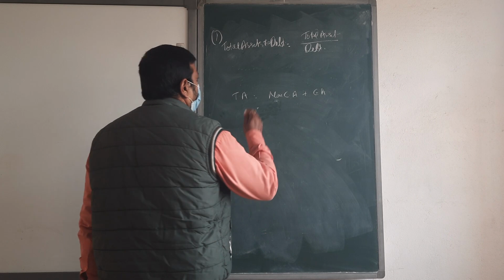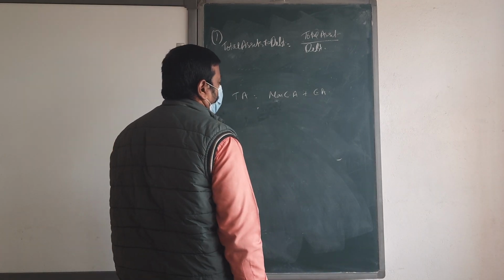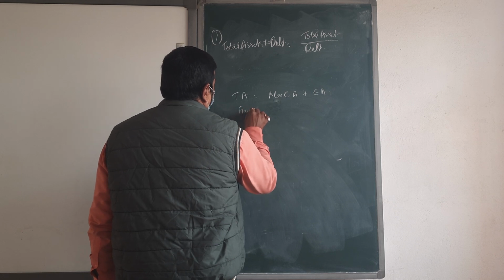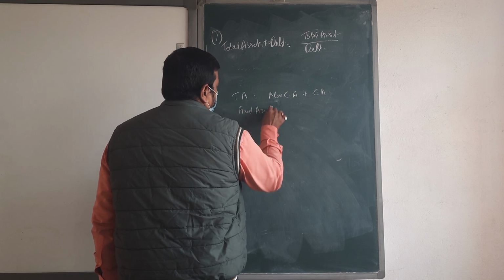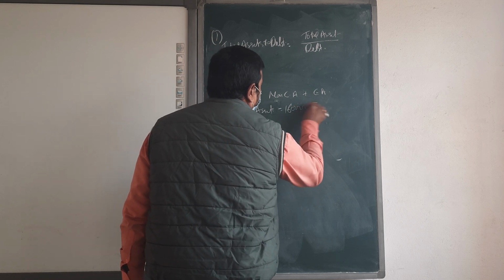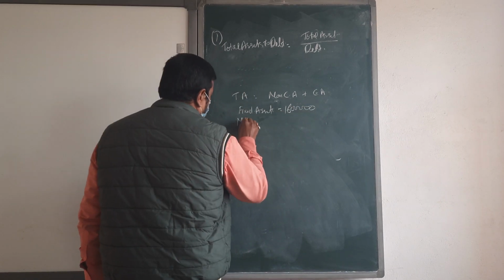Compute total assets to debt ratio from the following information. Fixed assets 16 lakh. Next, non-current investment 2 lakh.